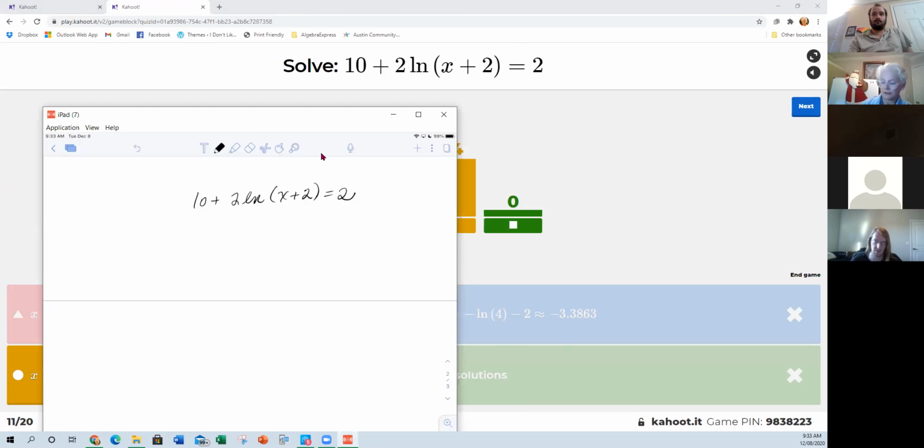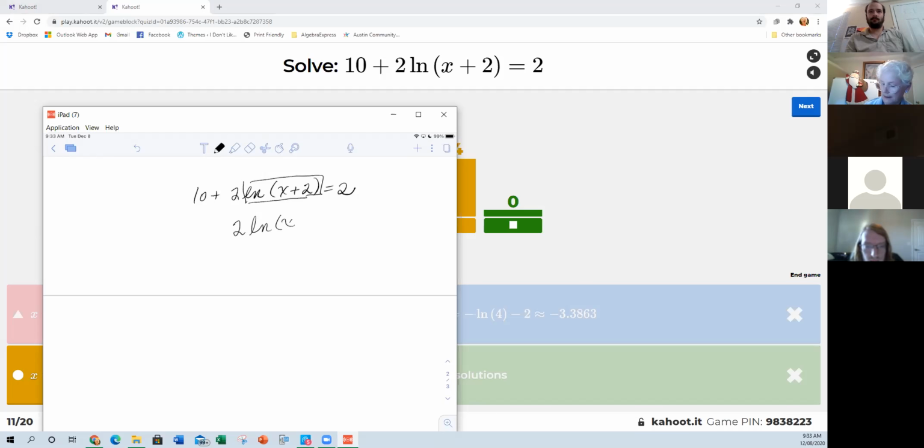So the first thing you would want to do is get this 10 on the other side. Remember that you're trying to isolate this thing right here. So I'd subtract 10 from both sides, and that would give me 2 ln of x plus 2 is equal to -8. And then I would divide both sides by 2. So that would give me ln of x plus 2 equals -4. And then I know that this is base e.